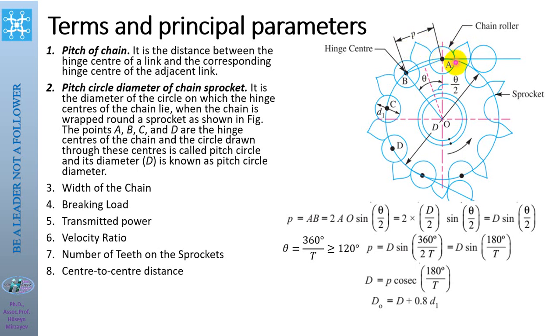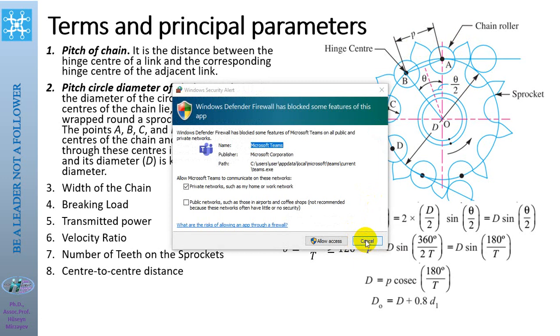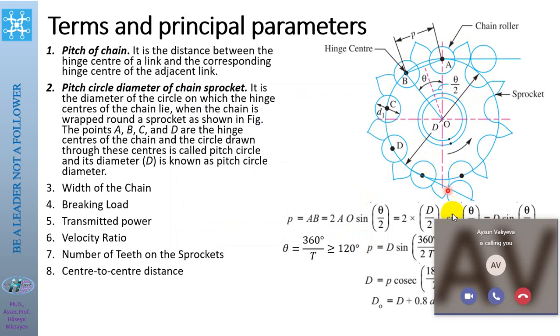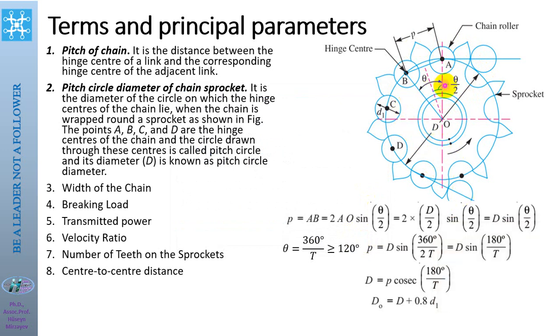Then the pitch circle diameter is also a main parameter for chains, these are the pitch circles of the pinion or gear. Another is the width of the chain, the horizontal distance between the plates of the chain.